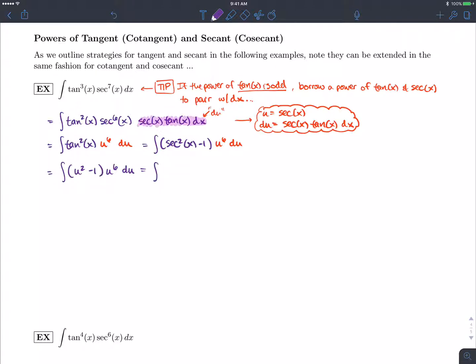As before, we're going to distribute before we do term by term integration, so that's going to give us u to the 8 minus u to the 6th du. Integrating gives us 1/9 u to the 9th minus 1/7 u to the 7th plus c, and our final answer, if we plug back in secant for u, will give us 1/9 secant to the power of 9x minus 1/7 secant to the power of 7x plus c.